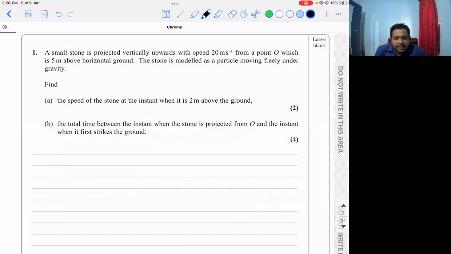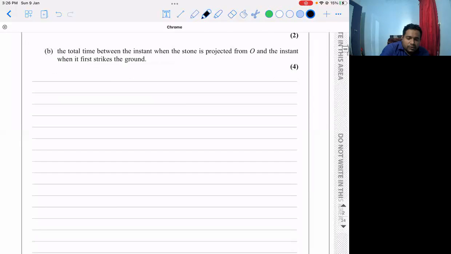A stone is projected vertically upwards with a speed of 20 meters per second from a point O, which is 5 meters above the horizontal ground. See that? We have to mark the keywords. So this is our horizontal ground.